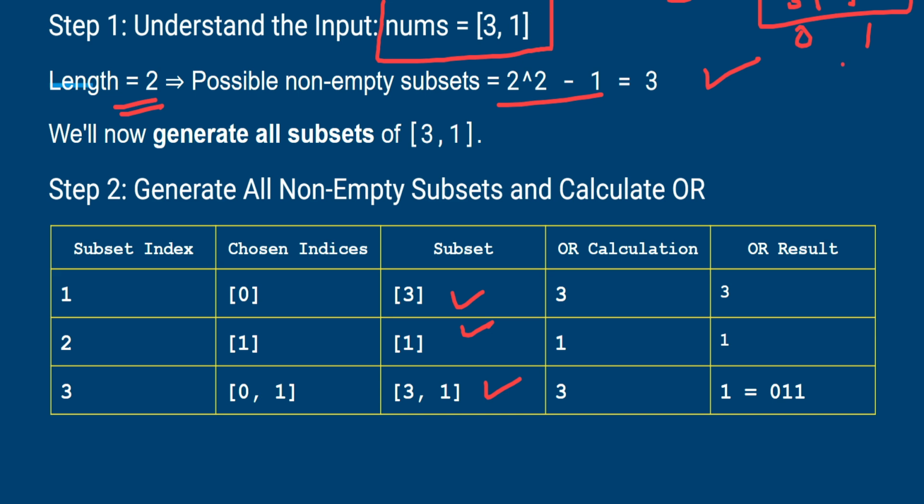From here we'll prepare all the indices. When we choose index 0, we are getting the chosen indexes, and this is the subset index. I hope you understand. If you do the OR calculation, we get these values. What is the OR result? We will say 3, 1, 1, and here what we will get is 0 1 1. Correct.